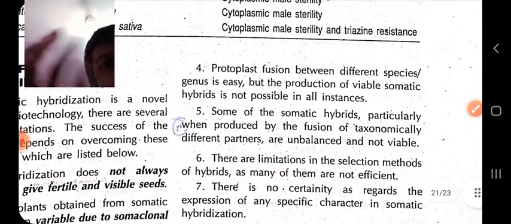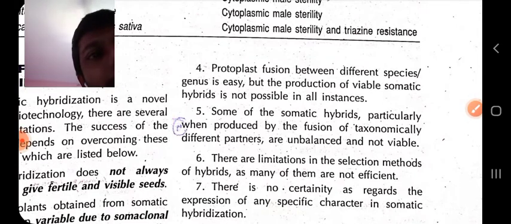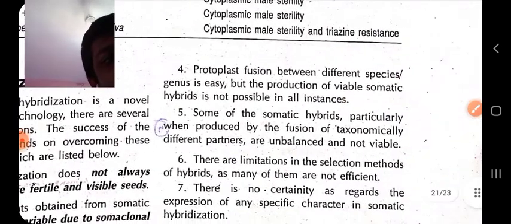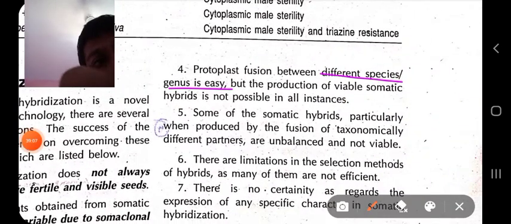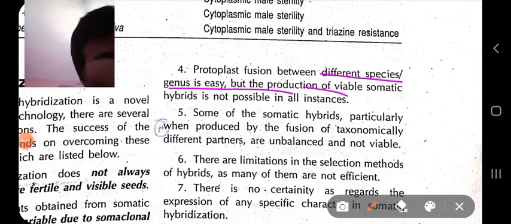Next problem, protoplast fusion between different species or genera is easy, but production of viable somatic hybrids is not possible in all instances. We are able to fuse protoplasts between different species and different genera, but generating a viable somatic hybrid from that is not possible.